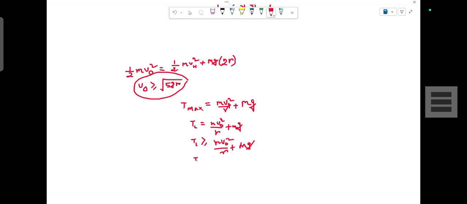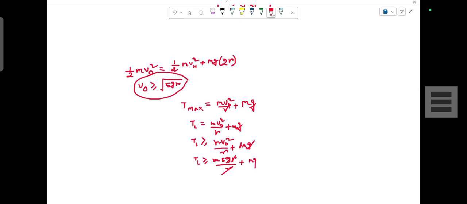TL will be greater than or equal to mV naught square upon r plus mg, where the value of V naught is root over 5gr. So V naught square is equal to 5gr, m into 5gr by r, r cancels out, plus mg, 5 mg plus mg.